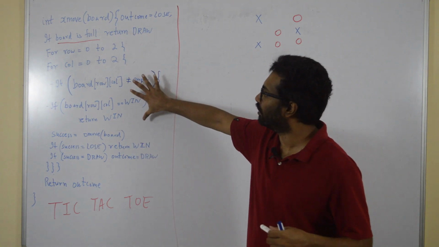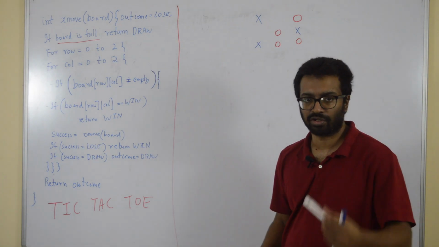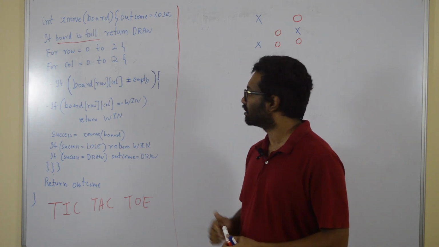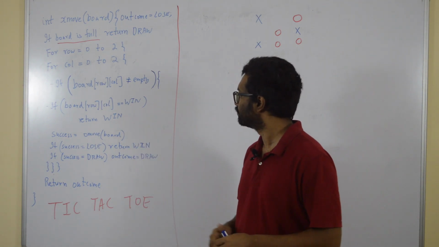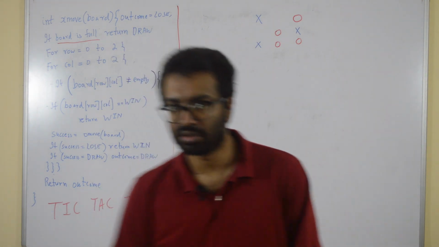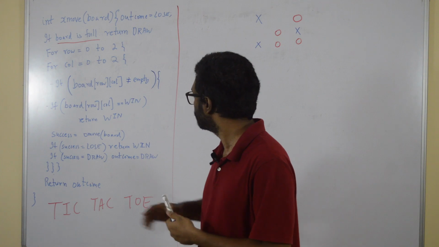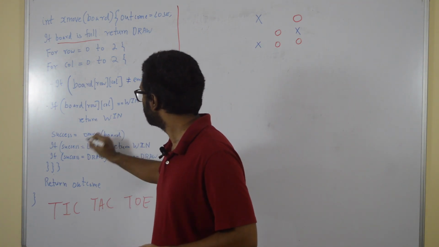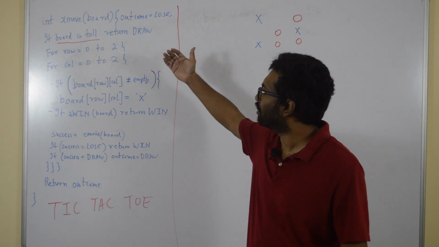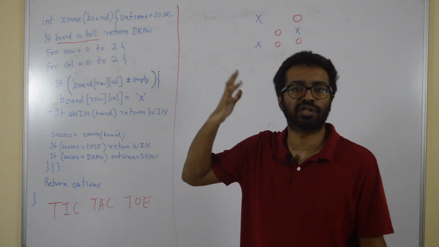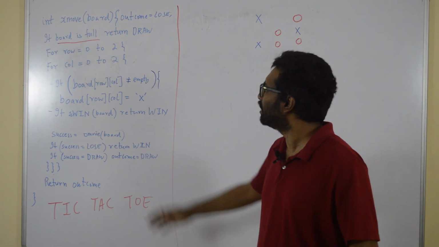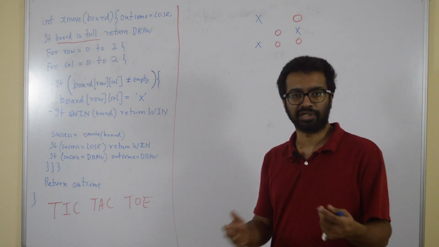Next, we have this for loop which goes through each row and column of the tic-tac-toe board, and it's trying to fill each position with x. Inside the for loop we go through each row and column of the board, and basically if a position is empty, it's free.